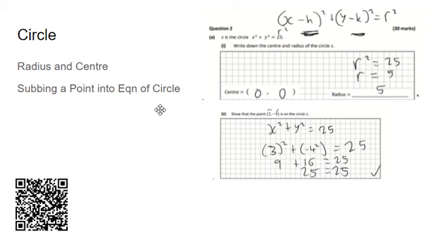So the point 2 comma k is on the circle, and they ask you something about it and you'll have to sub it in. It comes up quite a lot where you're just subbing a point into the x and the y when you're given the equation of a circle. And also when you could be given the equation of a line, same thing, you'll have to sub in a point, so it's worth looking at where to do it and recognizing when to do it.